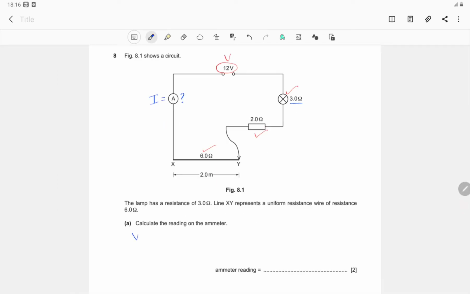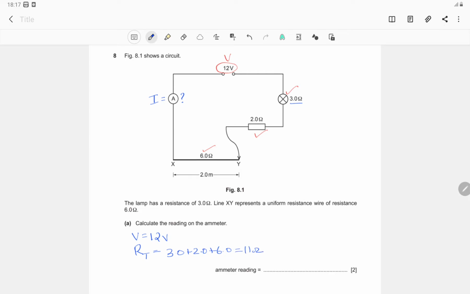So here voltage is 12 volt. Resistance R total is the sum of individual resistors. All resistors are connected in series, so you can directly add, that is 3 plus 2 plus 6, so the total resistance will be 11 ohm.